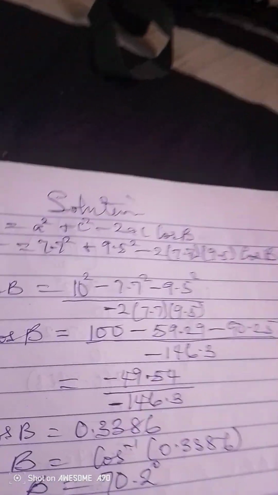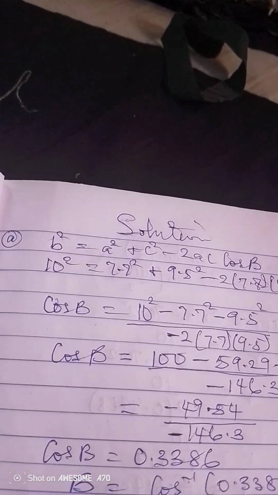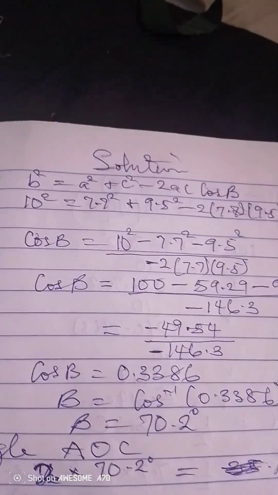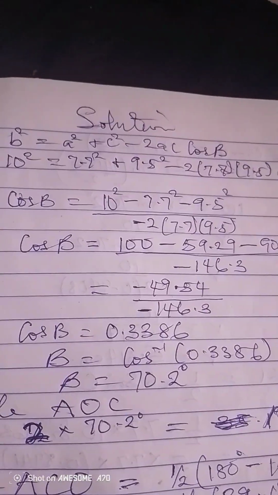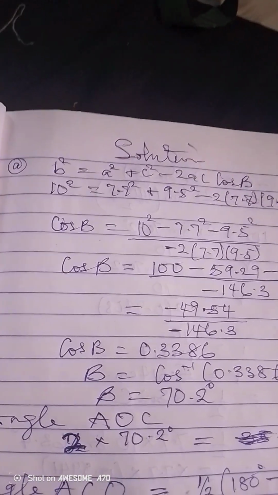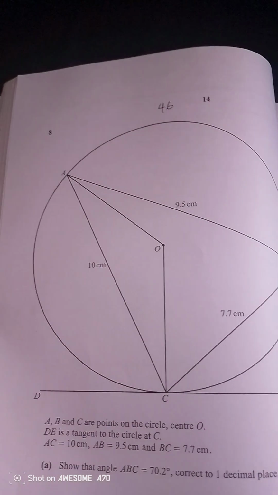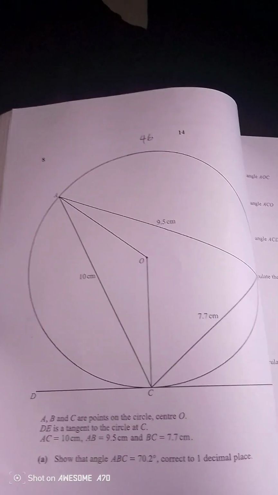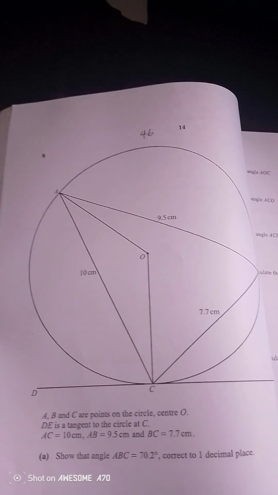The solution. To show that the angle ABC equals 70.2 degrees, correct to 1 decimal place, we need to apply the cosine rule. Looking at triangle ABC, the three sides are given and no angle is given.